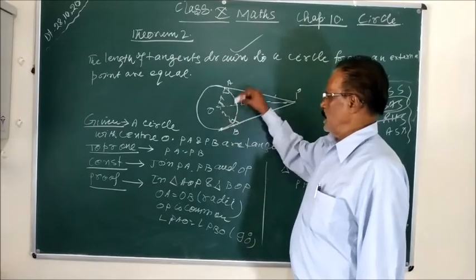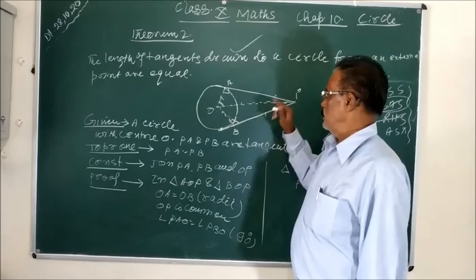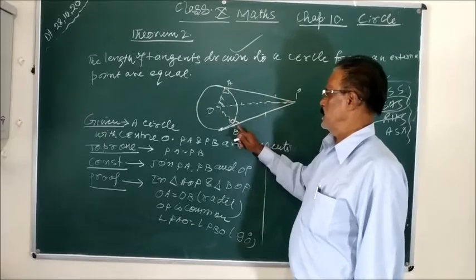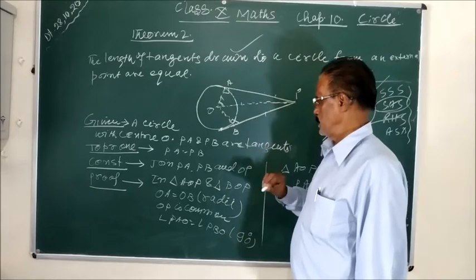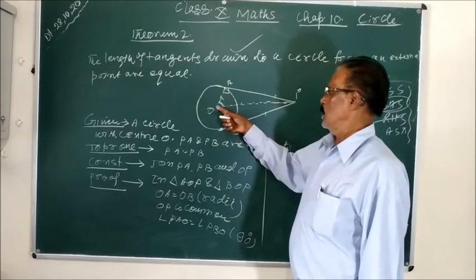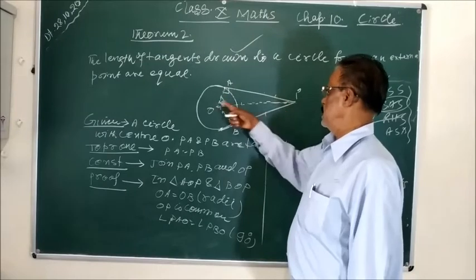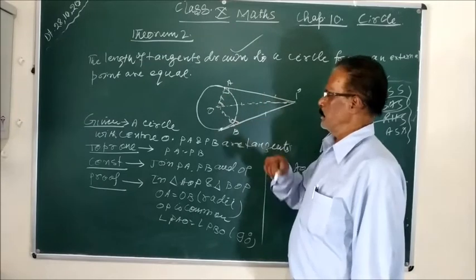So given a circle whose center is O, P is an external point, PA and PB are tangents, prove that PA is equal to PB. Construction, we have joined OA, OP, OB. Now you see the proof.